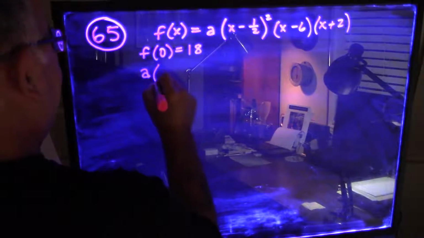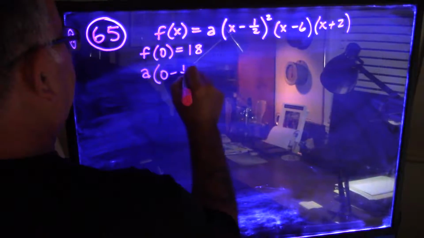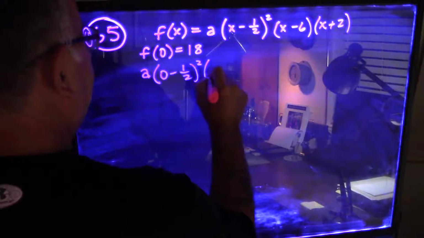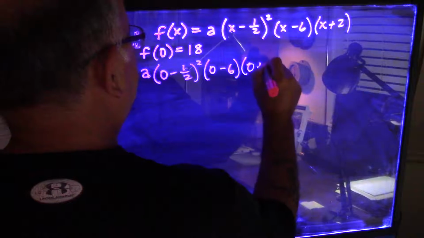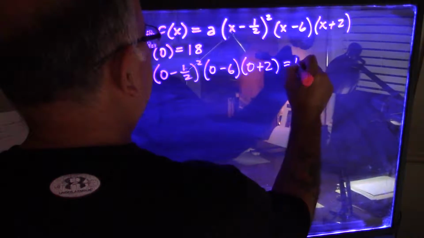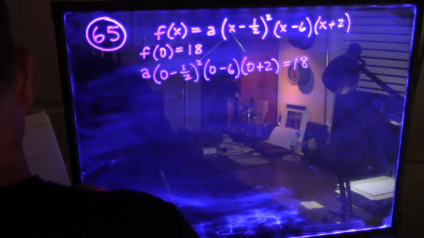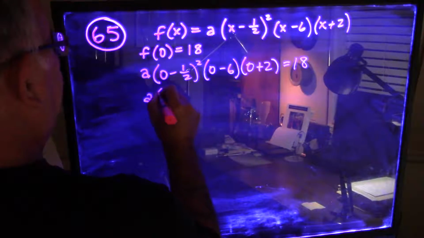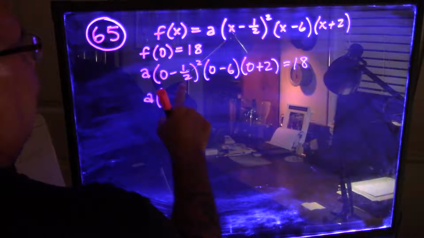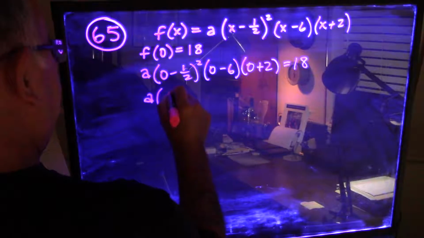We've got a times 0 minus 1/2 squared, 0 minus 6, 0 plus 2 equals 18. So a, and then that's negative 1/2 squared is positive 1/4.